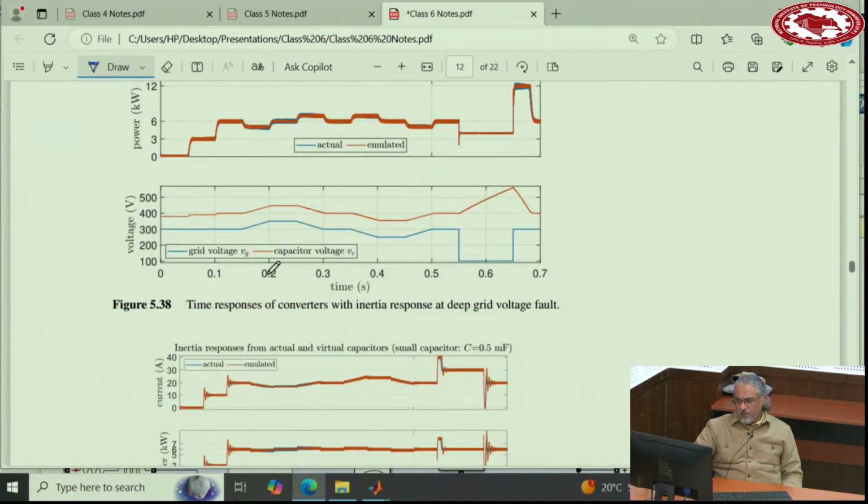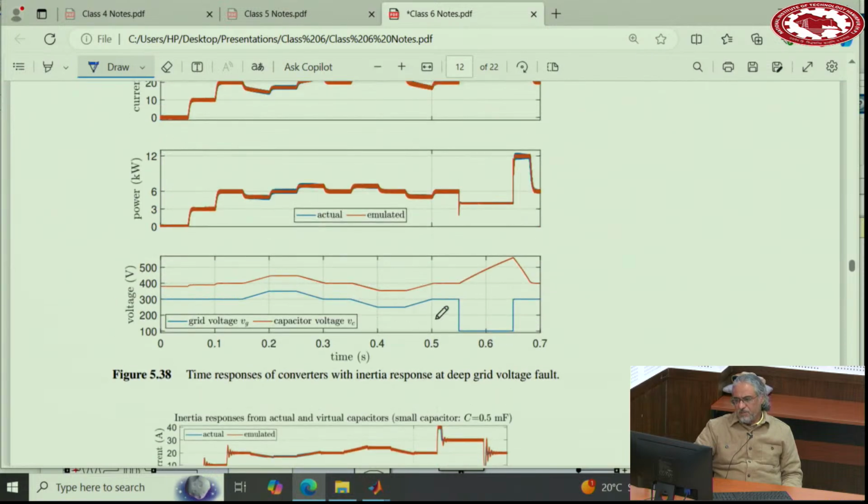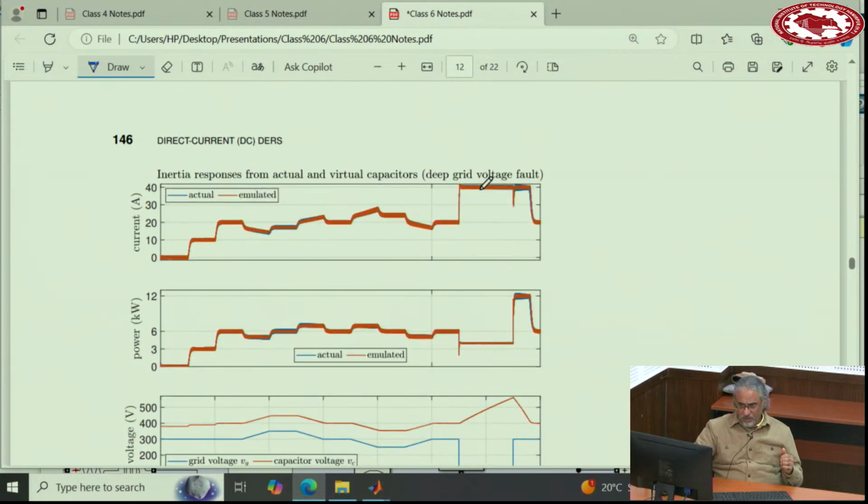In this one here, I applied a deeper grid fault. When you apply a deep grid fault, and then you limit the current at 40, let's say for some extended time, you cannot feed the amount of power to the grid.